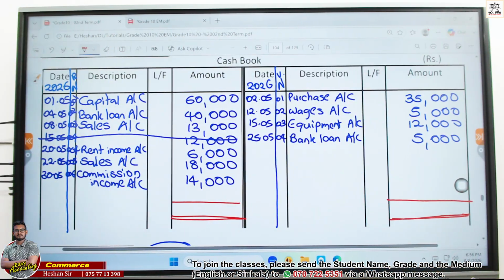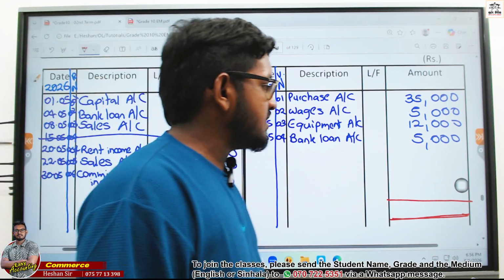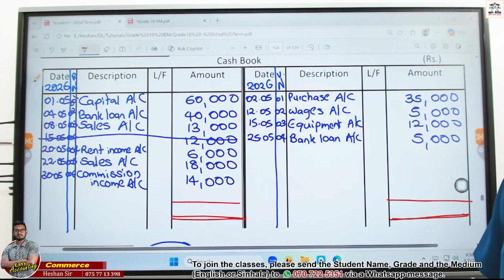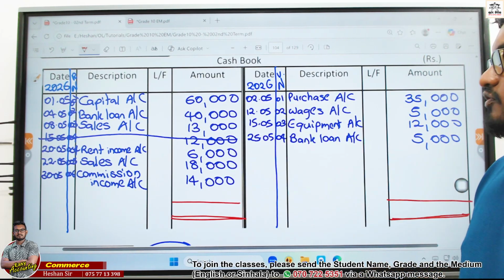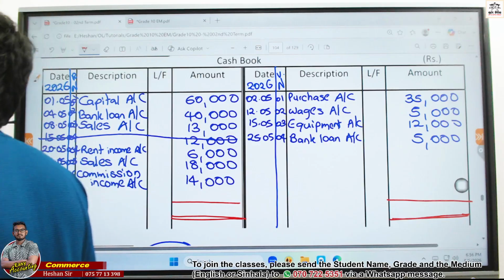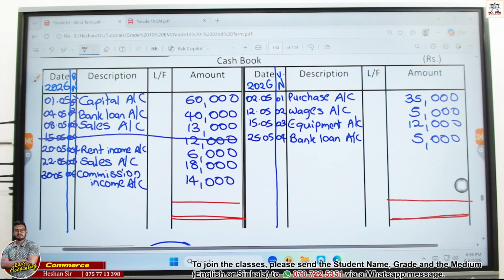Can you tell me the debit side total, anyone? Just check and tell me. Keep one line to write the BCD. The debit side total: 60,000, 40,000, 13,000, 6,000, 18,000, 14,000. Hurry up. Check the total and send it to the chat box.